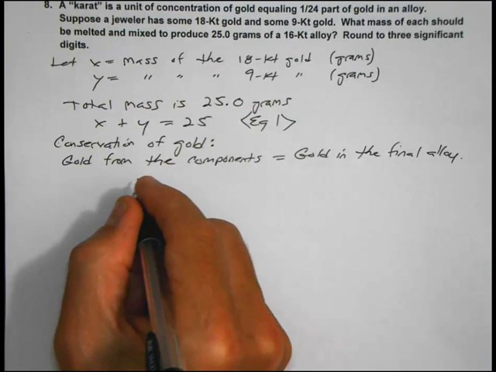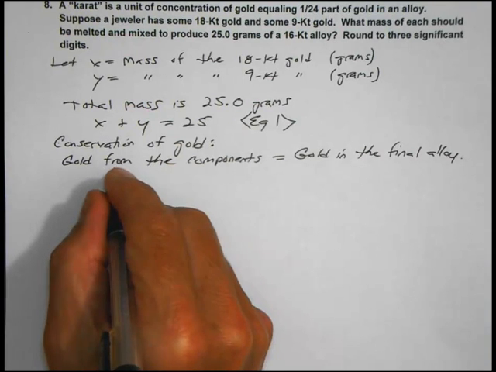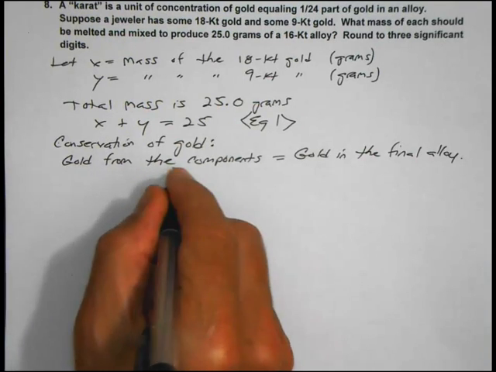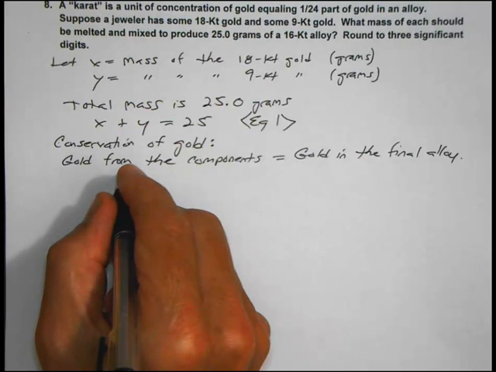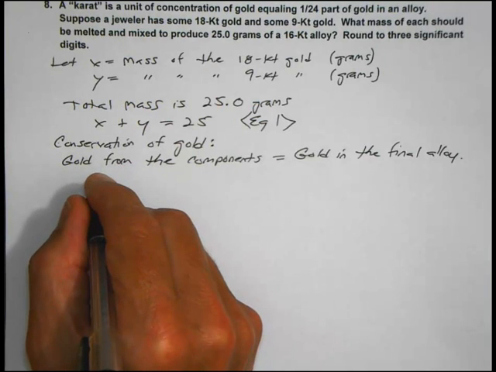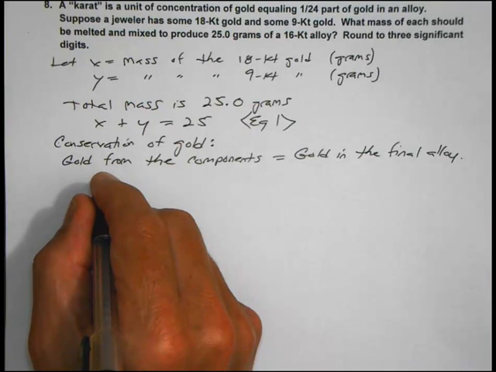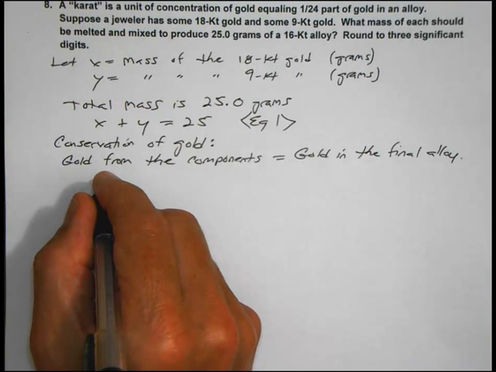Okay, let's get a hold of the gold from these components. So this will be the sum of the pure gold from the 18-karat gold source. Now, how will we find that?